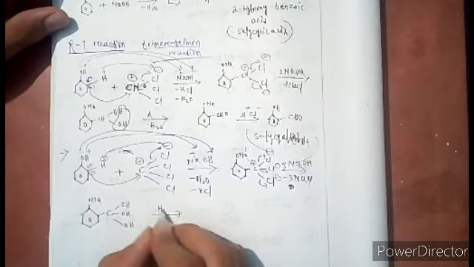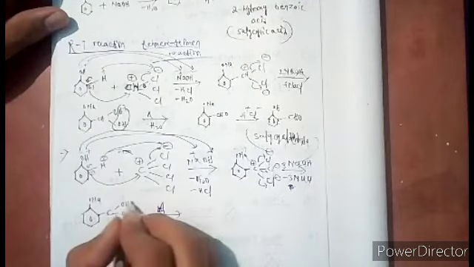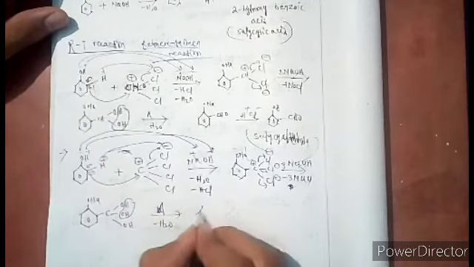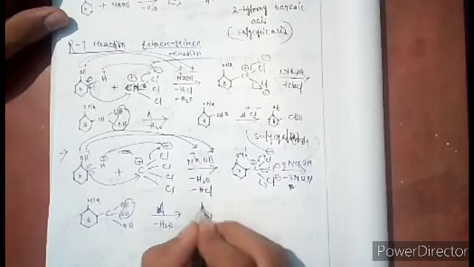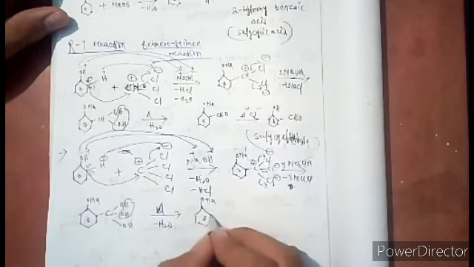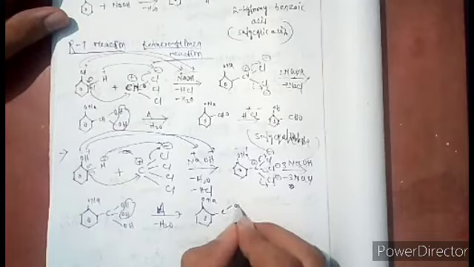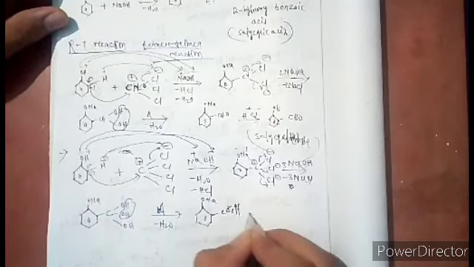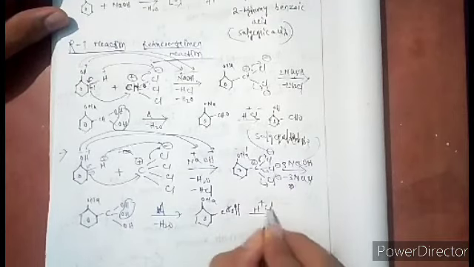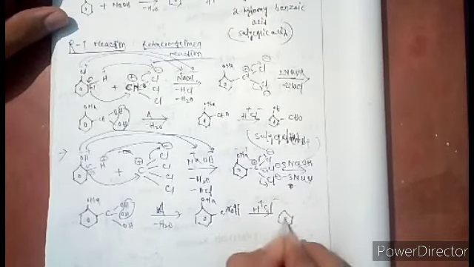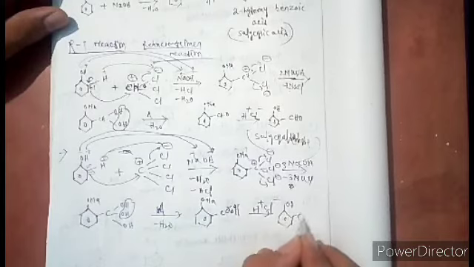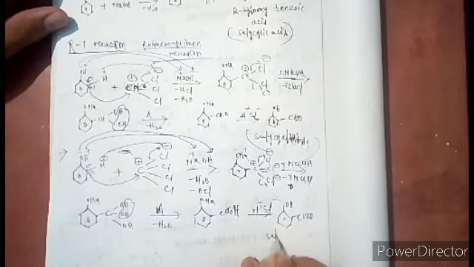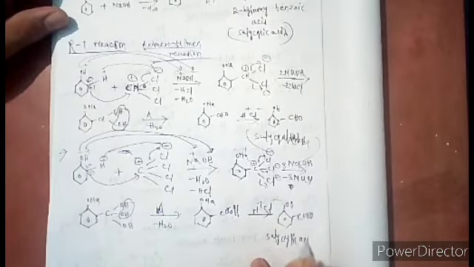Then again we give heat, then the removal of water, forming ONaCOOH, that is on treatment with hydrogen chloride, resulting in phenol COOH, that is salicylic acid.